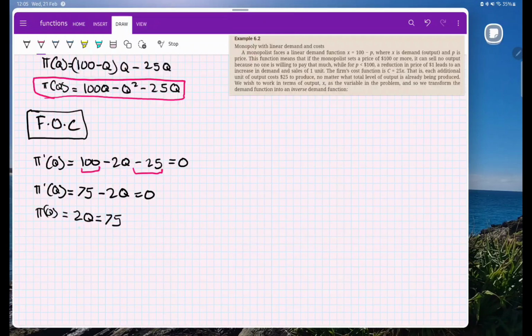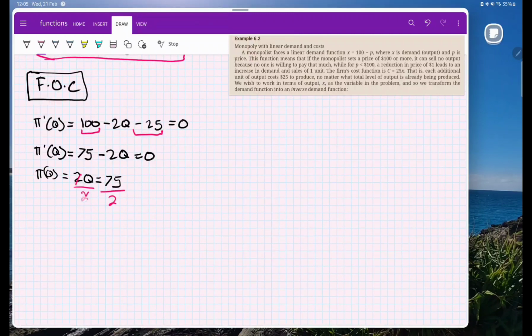Dividing through by 2, you'll get q equal to 37.5. That is the quantity that will maximize your profits.